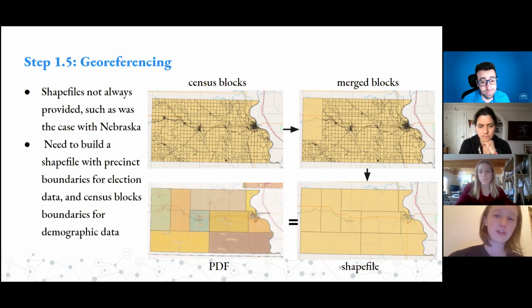So that team needed to go in and manually look for street intersections that matched up with where they looked like they were on the picture, and do the same thing with census blocks, in order to actually be able to give a geographic location to these shapes. So clearly that process took a little bit longer.